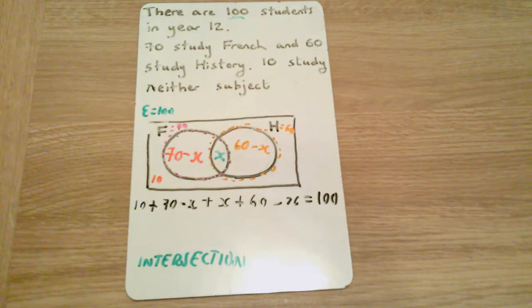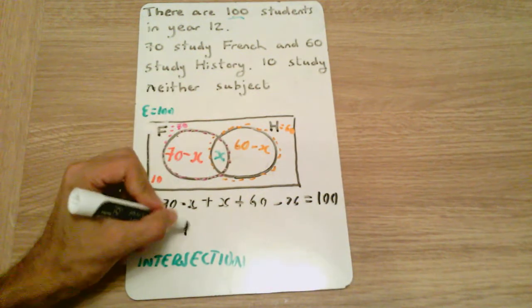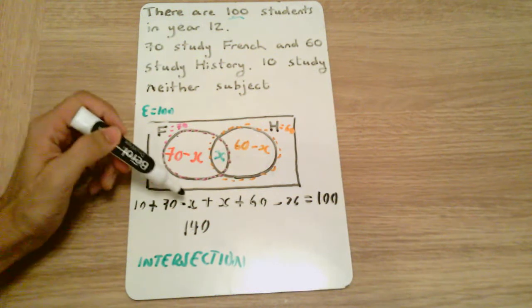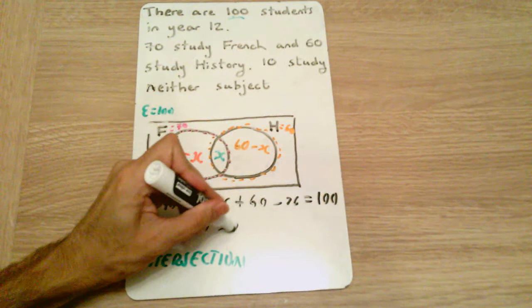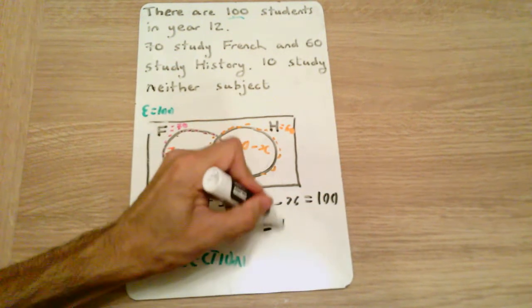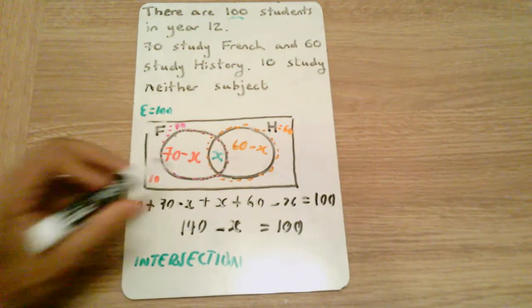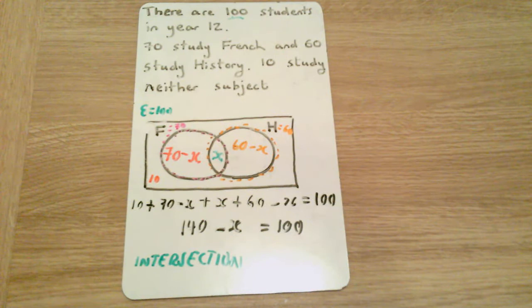And now if we collect our like terms, we've got 10, 70, and 60. That makes 140. We then have minus X plus X, which cancels out, and then minus X, which is equal to 100. So minus X is equal to 100. Now 140 minus a value gives us 100.